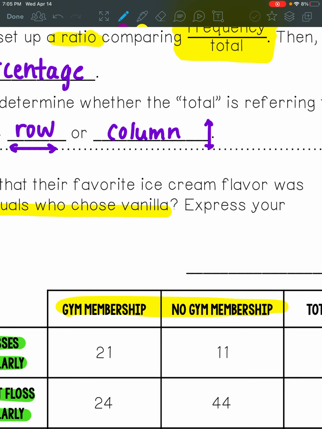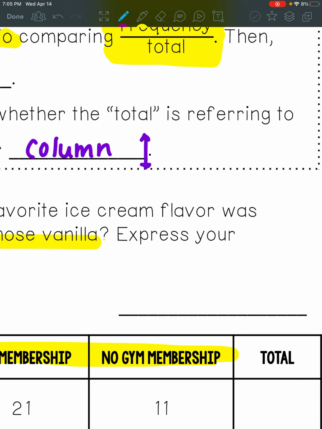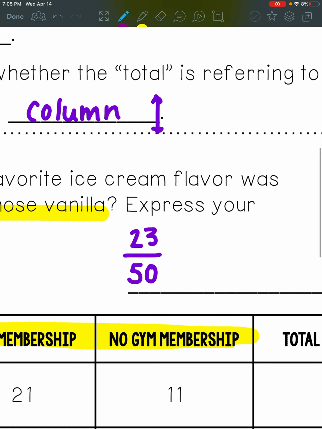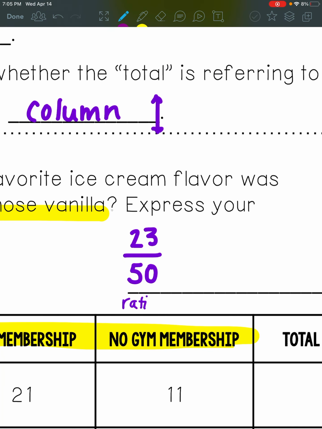So let's start out up here where we highlighted the frequency. The total number of people who liked vanilla was 23 out of a total of 50 people. So 23 over 50, this is what we then call the ratio or the fraction of that relative frequency.